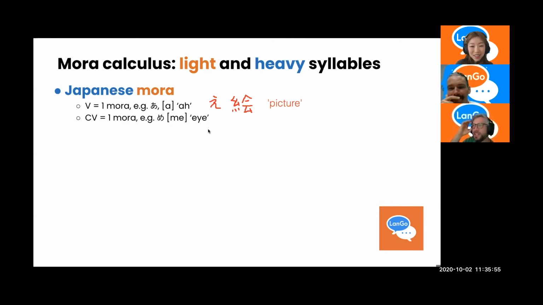So this is the thing you see with, called me. I think me is an English pronunciation. No, I think in Japanese they just do me, and there's no off glide. So this would be CV, and that would count as one mora. So far, that's very much like our concept of the syllable. One vowel, one syllable. One CV unit, one syllable.